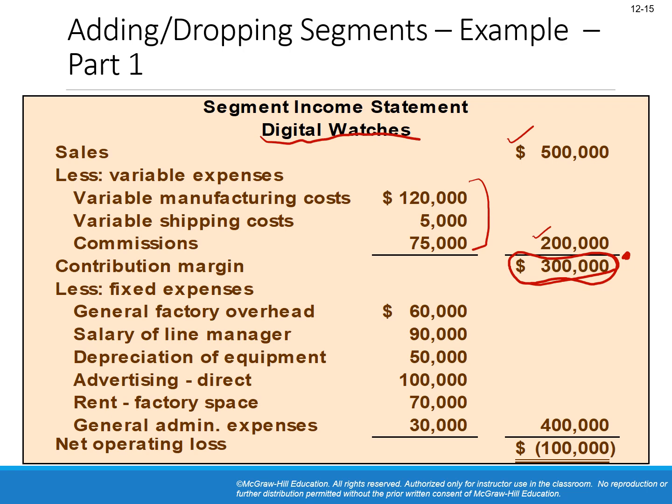General factory overhead 60,000. So we need to see if this general factory overhead can be avoided when dropping the line. Salary of line manager 90,000, depreciation of equipment 50,000, advertising 100,000, rent of the factory space 70,000, general and admin expenses $30,000. And this is why you can see that the company is making a loss of $100,000 in this line, the digital watch line.